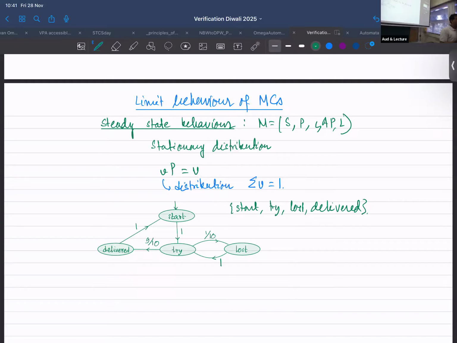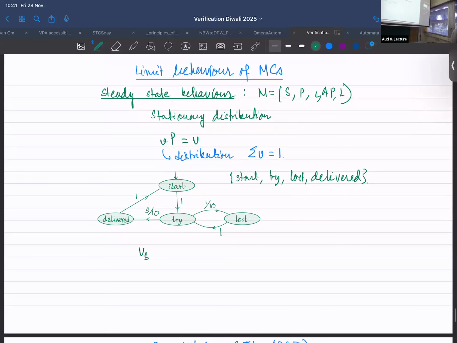So suppose I call these Vs corresponding to start, Vt for try, Vd, Vl, like this, okay? Now, all I'm saying is that if I multiply this with the transition matrix, which I call P, then I'm going to get the same vector.